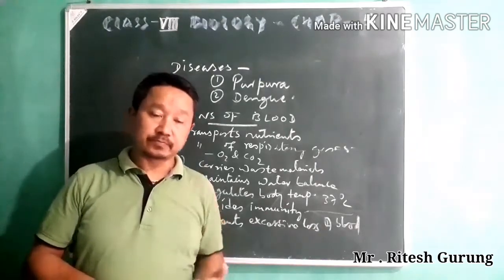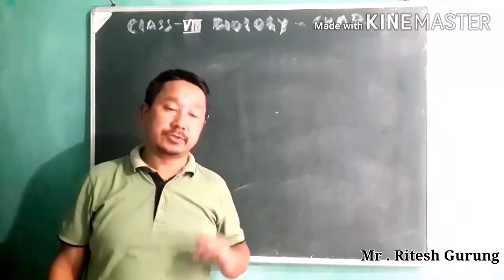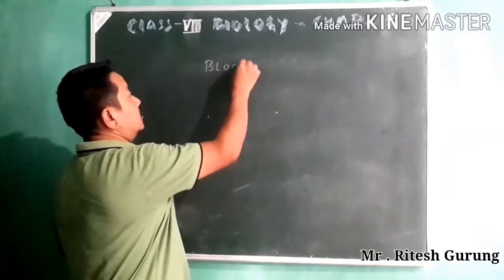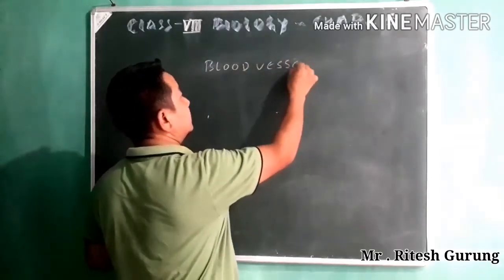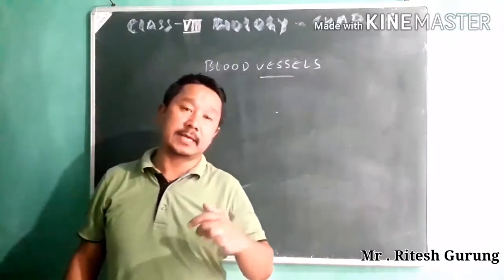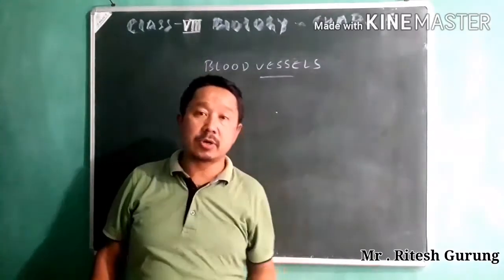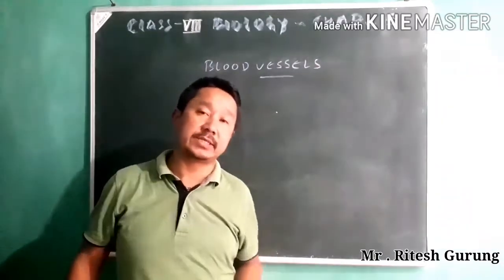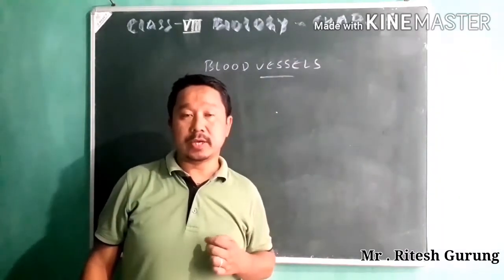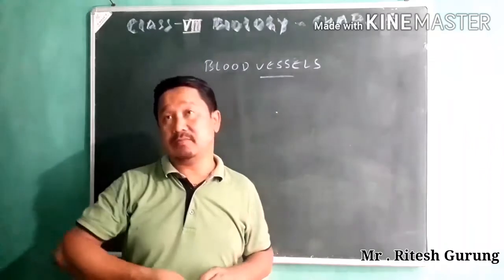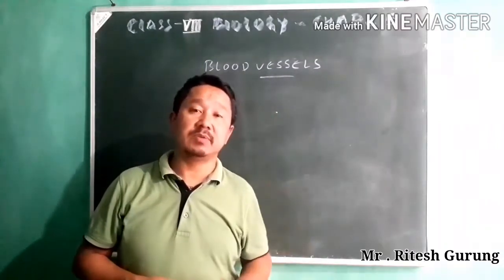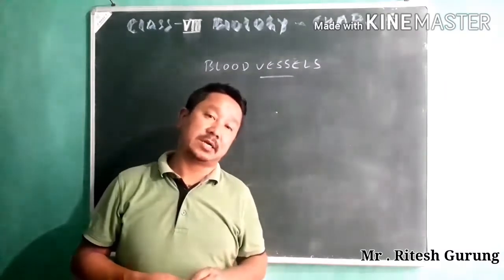All right. Now let's talk about blood vessels. Blood vessels are pipe-like structures in the body through which the different kinds of blood flow. Different kinds of blood means oxygenated blood and deoxygenated blood.